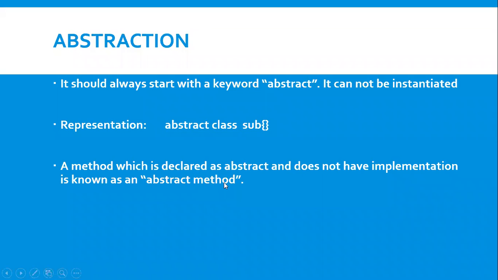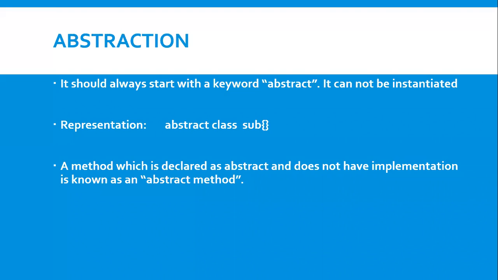Abstract methods will have only declarations but not implementations, because the implementations are going to be assigned to the child classes, which extend the properties from their parent abstract class. Such methods we call abstract methods.